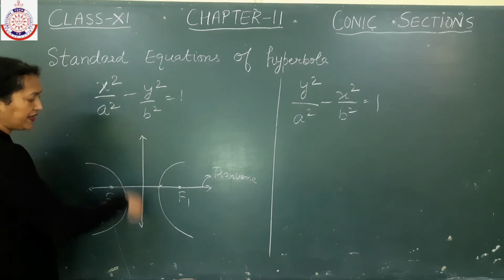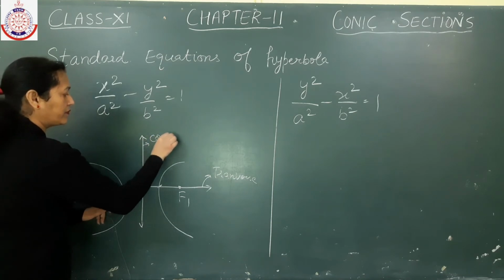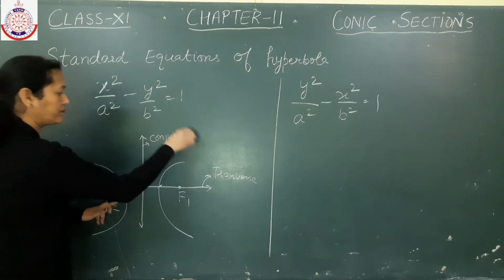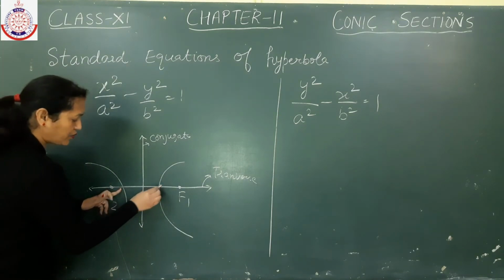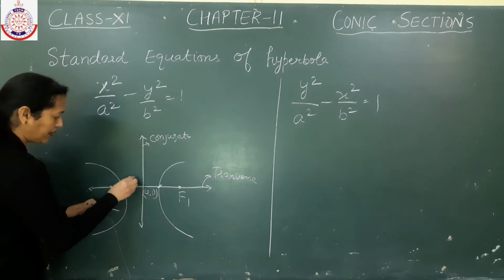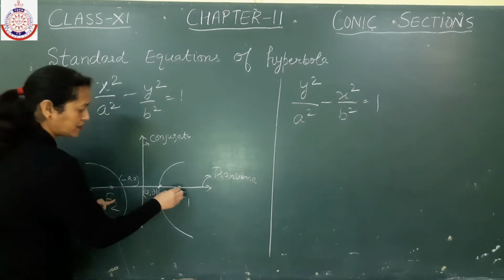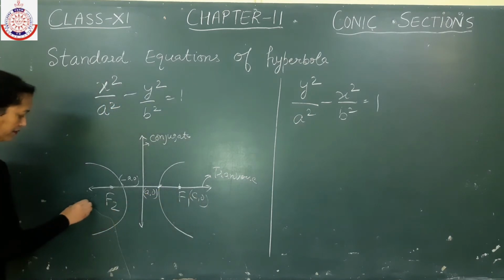And along y-axis, which is conjugate axis, in this case, vertex points will be a, 0 and minus a, 0. These focus points will be c, 0 and minus c, 0.